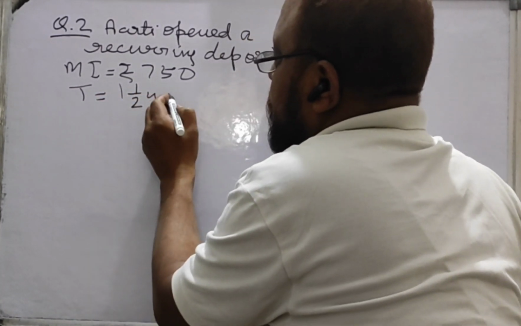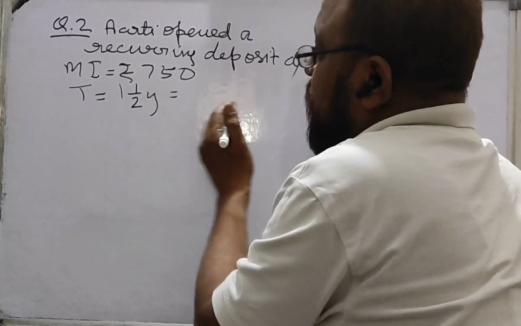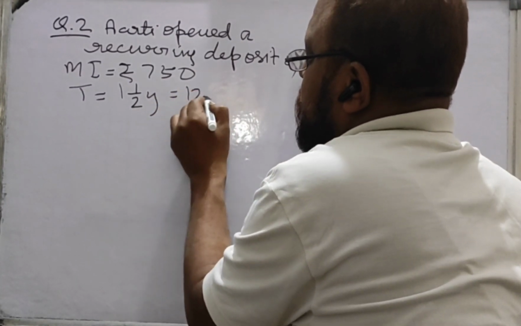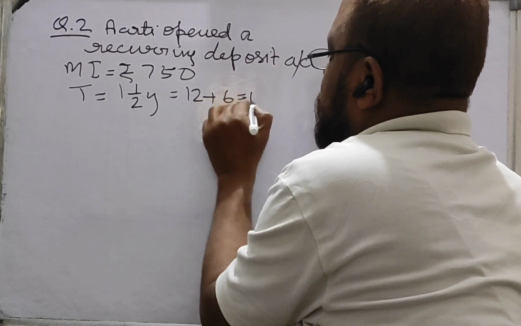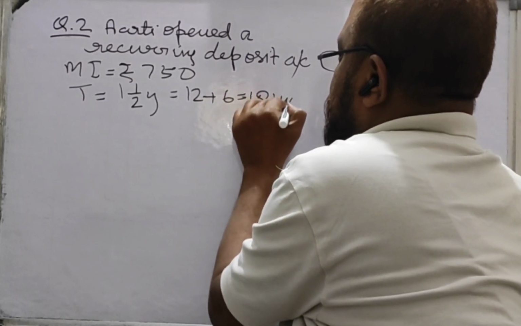So we can take it as 12 plus 6, which becomes 18 months.